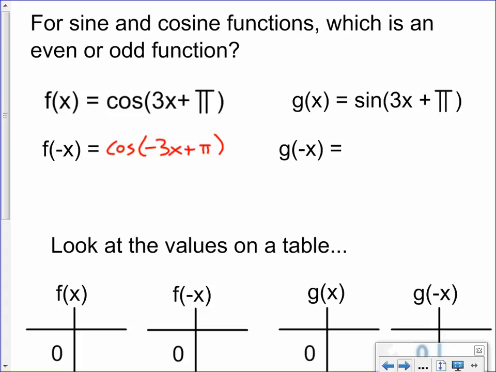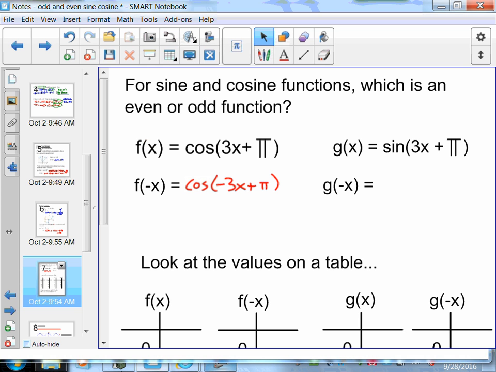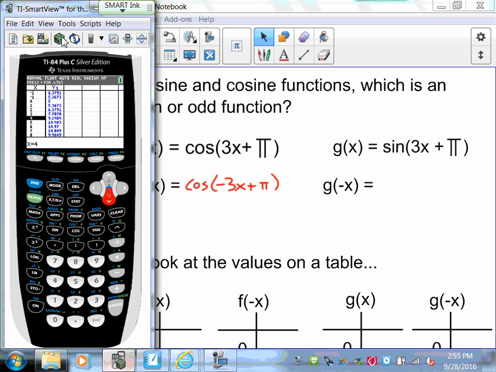Okay, let's compare. Let me show you how to check it on the calculator. So go to y equals, and we're going to type in both the first thing and the second thing.